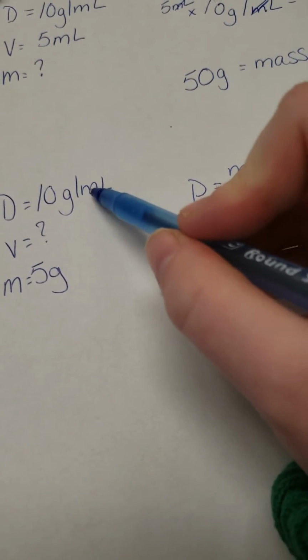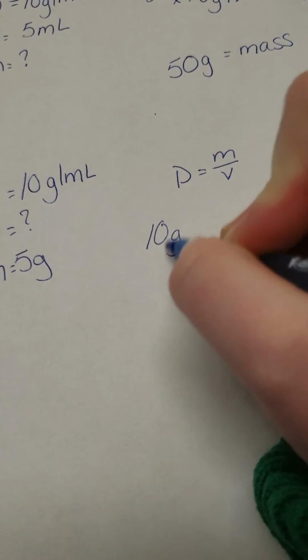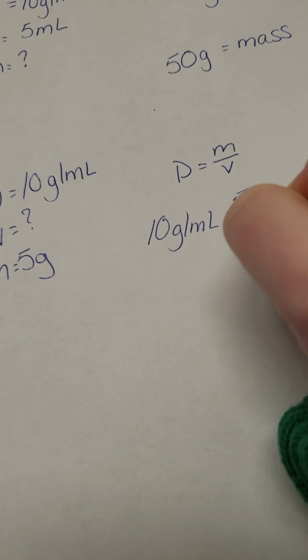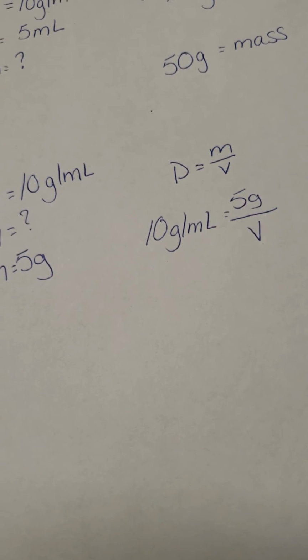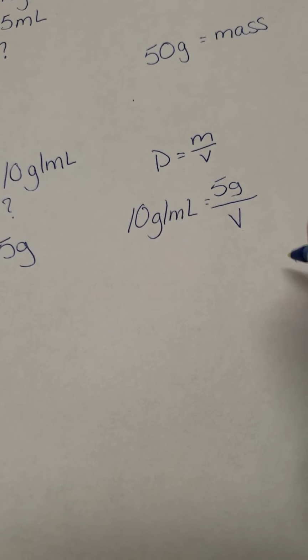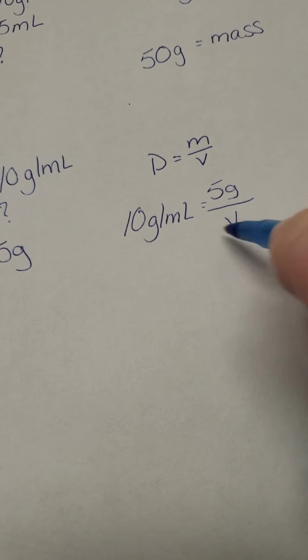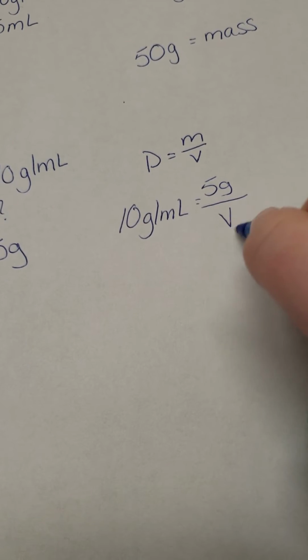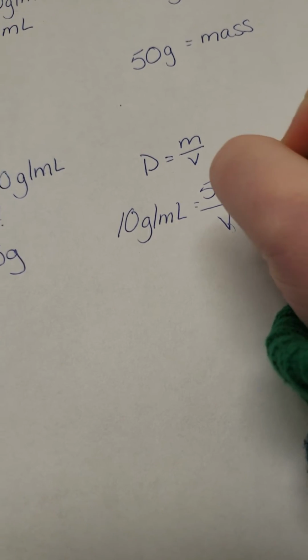The density is going to be 10 grams per milliliter. The mass is going to be 5 grams, and I'm solving for volume here. So in order to isolate this volume, get volume by itself, I want to pull it out of the denominator, because I don't want something over volume, I just want to know what volume itself is. So I'm going to multiply by volume on both sides.